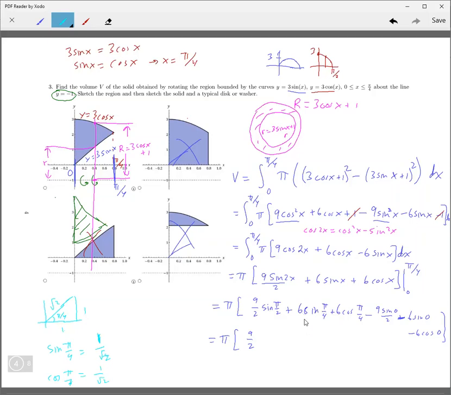So both of these are 1 over root 2. So we have plus 6 over root 2 for this one, and then another 6 over root 2. This one is 0, sine is 0. That's also 0, sine is 0. And then cosine of 0 is 1, so that's going to be minus 6.